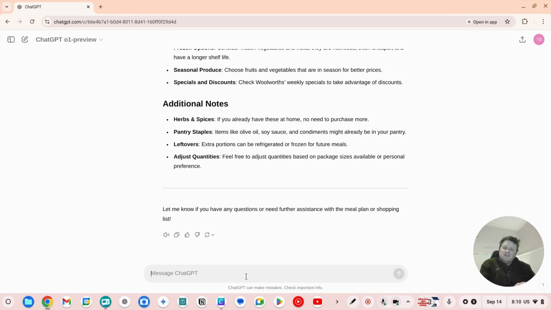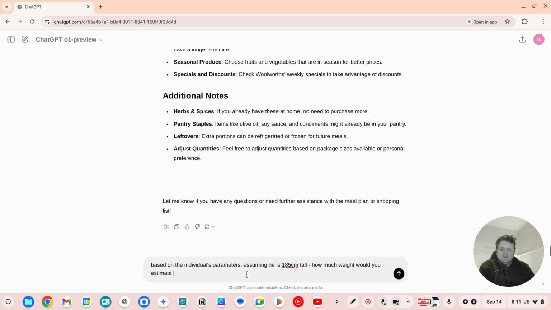Now, let's say, based on the individual's parameters, assuming he is 185 centimeters tall, how much weight would you estimate he could lose in this scenario in 6 months?